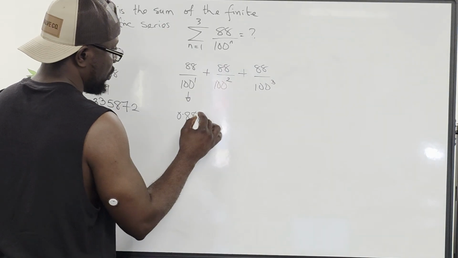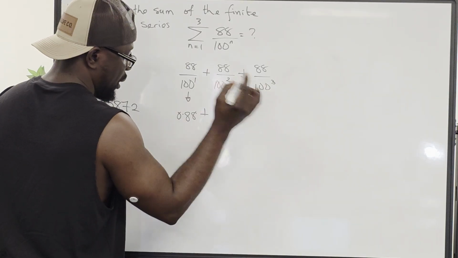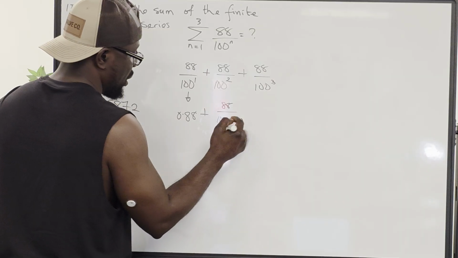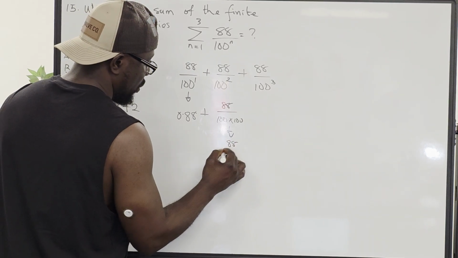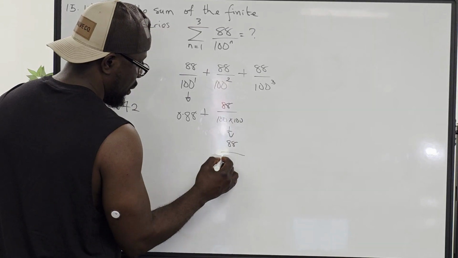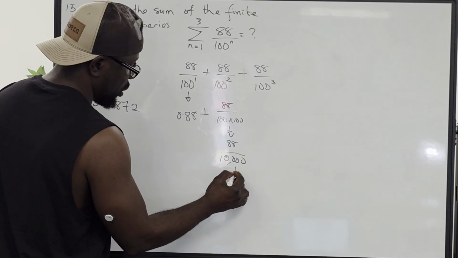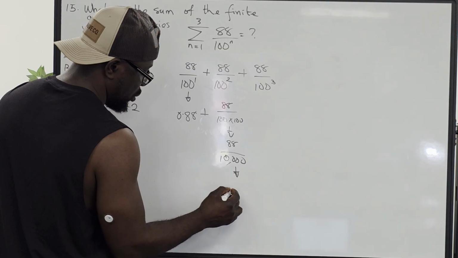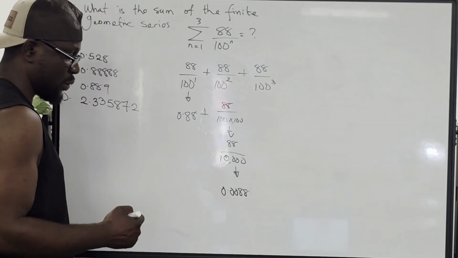For this one, 88/100 raised to 2 is the same as 88/100 times 88/100. So this one becomes 88 over 10,000, which has 4 zeros.